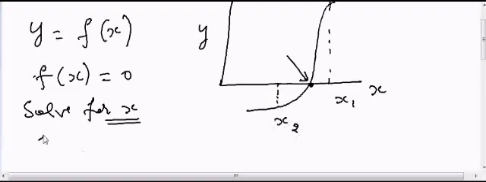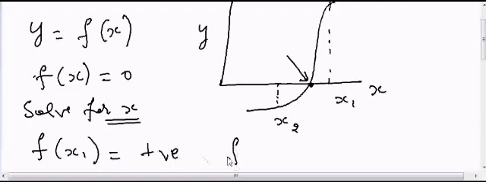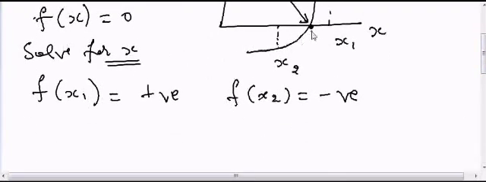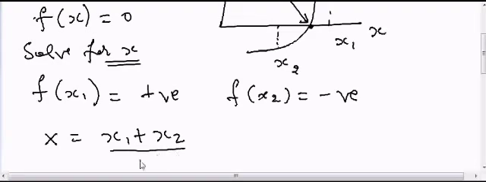In this case f of x1 will be positive and f of x2 will be negative. So if I want to calculate this point, then my first best approximation will be to have x is equal to x1 plus x2 divided by 2.